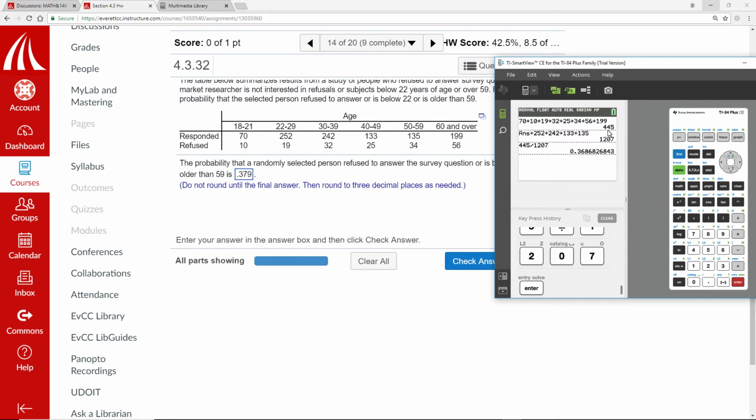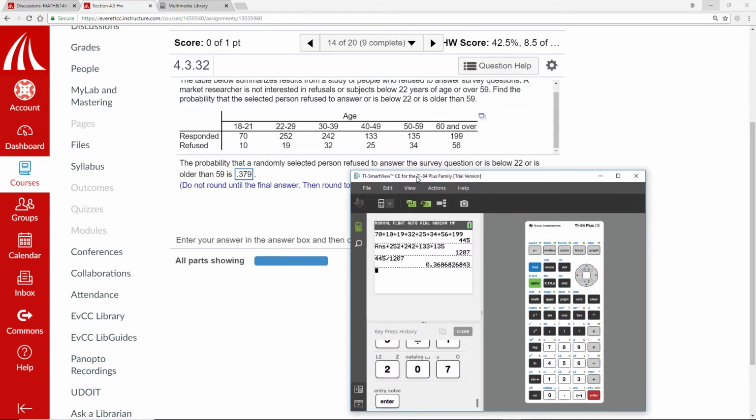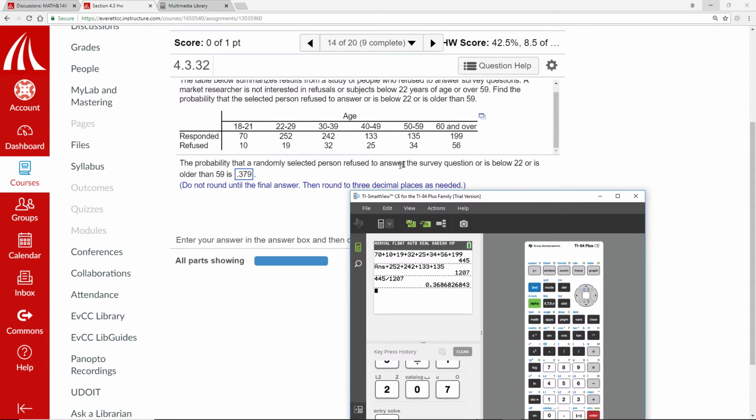That gives me 445. And then if I take that and add 252, 242, 133 and 135, I get the total is 1207. So all we did was the probability that a randomly selected person refused to answer the question. Refused to answer or below 22 or is older than 59.